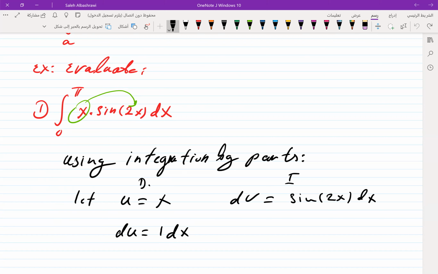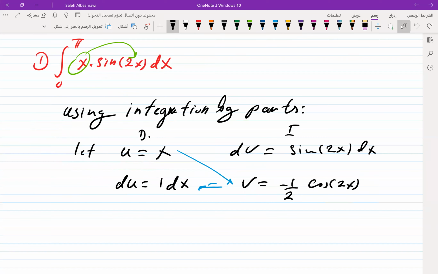Integrating dv, I will have v equal to minus 1 over 2 cosine of 2x. The integration by parts formula is u times v minus the integration of v du. This is the integration by parts.